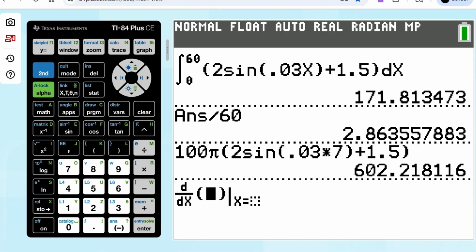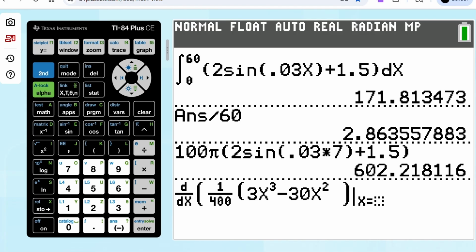That function was 1 over 400, so I'm going to hit alpha and the little x next to it to give me a nice little fraction. 1 over 400, and then times 3x to the third minus 30x squared plus 330x.